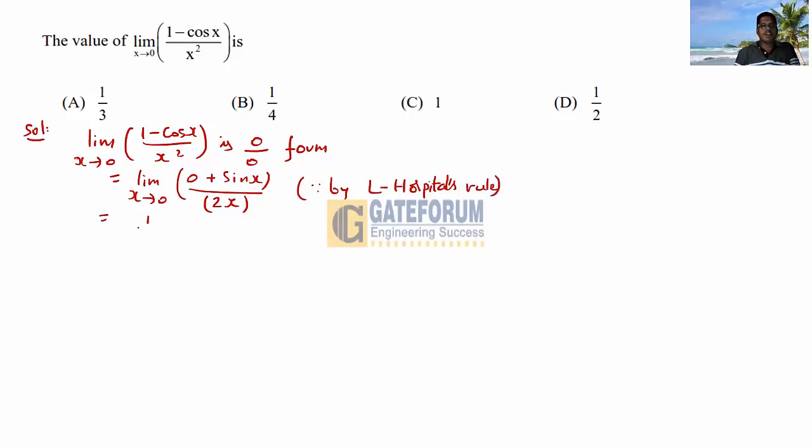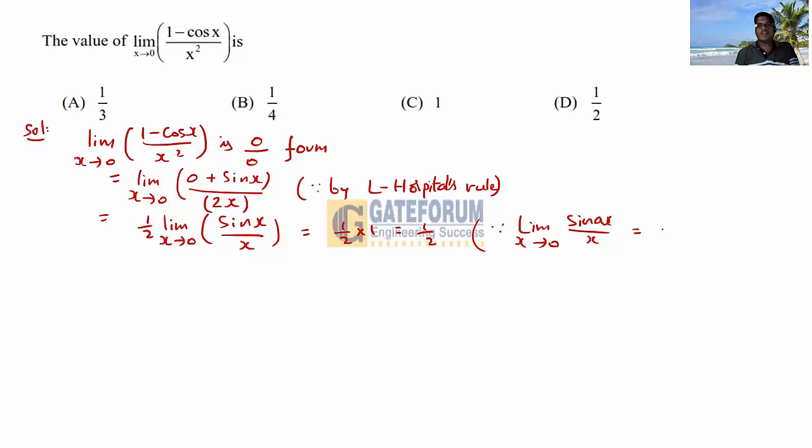So now this can be written as half times limit x tends to 0 of sin x by x, which is a standard limit, equal to half into 1, which is equal to half, since limit x tends to 0 of sin ax upon x is equal to a.